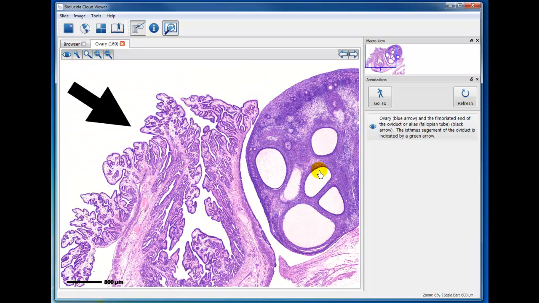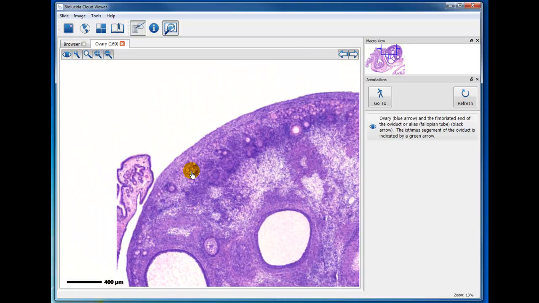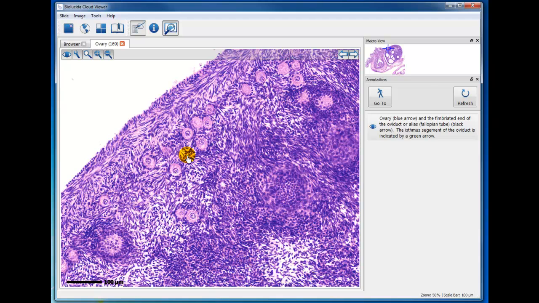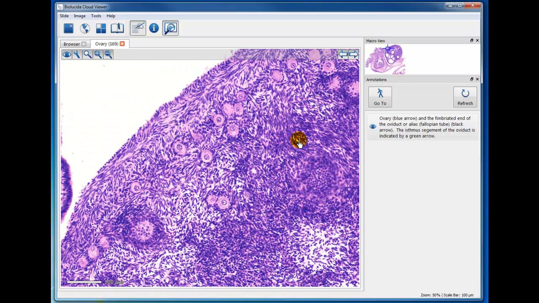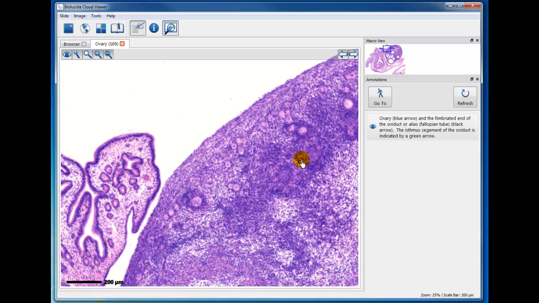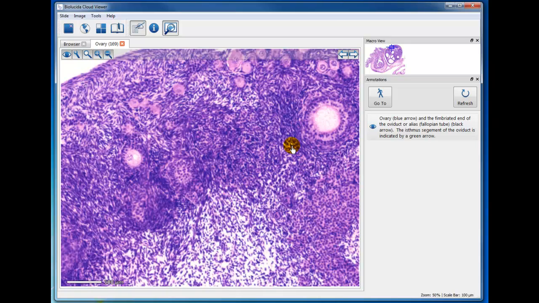Okay, and then going over to the ovary, an interesting ovary here because it's from a fairly young individual, and you can see the primordial follicles here that have just flat layers of cells around them. And then probably if you look around you'll be able to see some more mature follicles, maybe beginning over here.